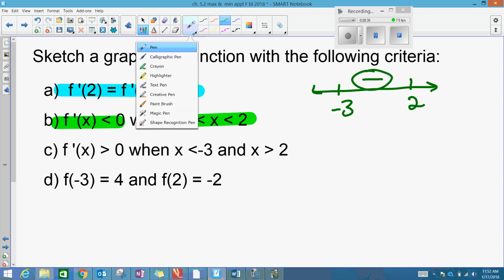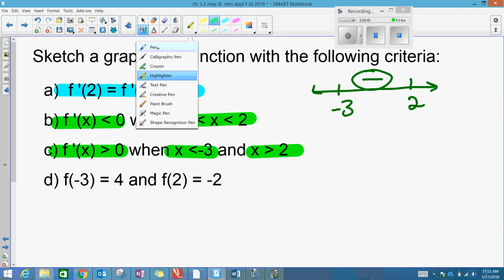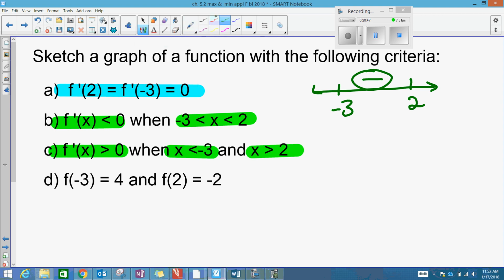The derivative is positive, greater than 0, when x is less than negative 3 and when x is greater than 2.